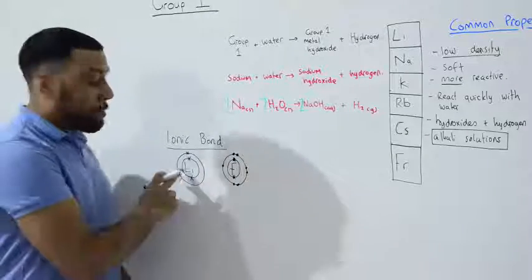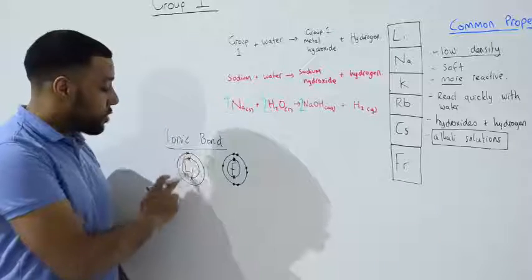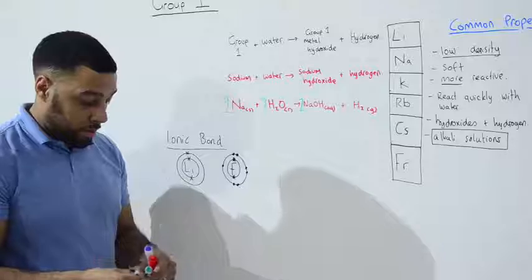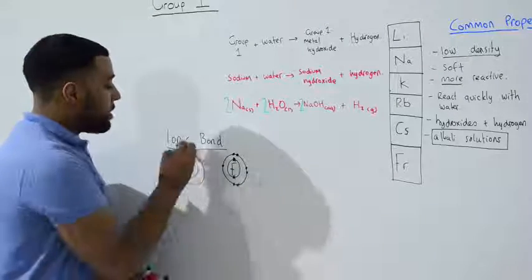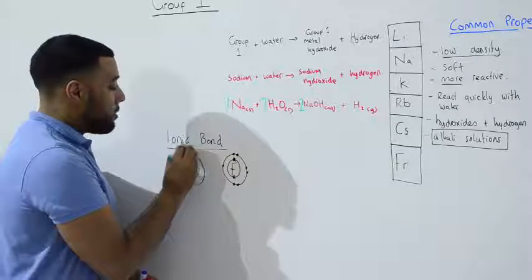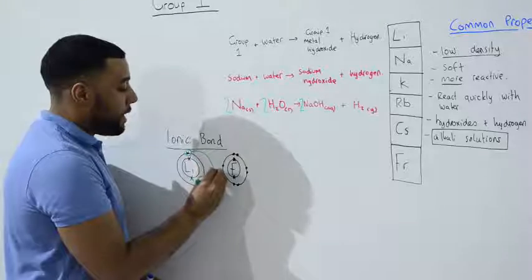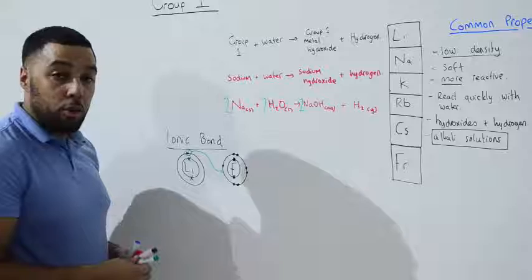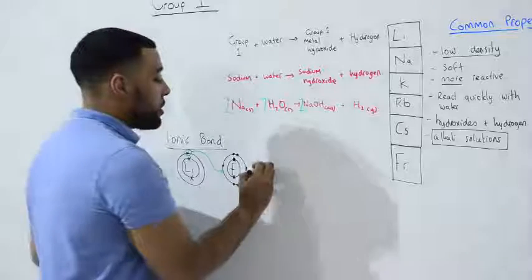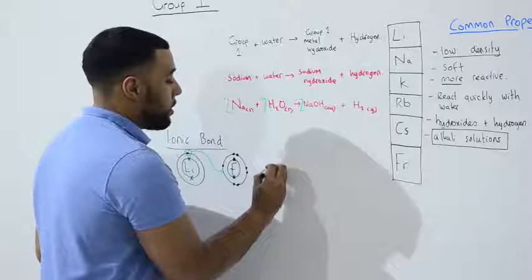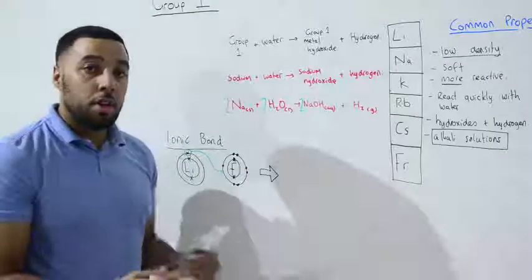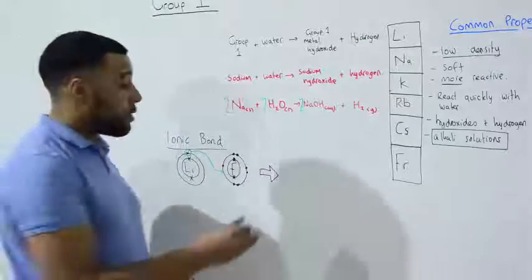You can see here that I've represented lithium's electrons as crosses and fluorine's electrons as dots. And what's going to happen is our lithium atom is going to give its outer shell electron to fluorine, which is going to form ions.